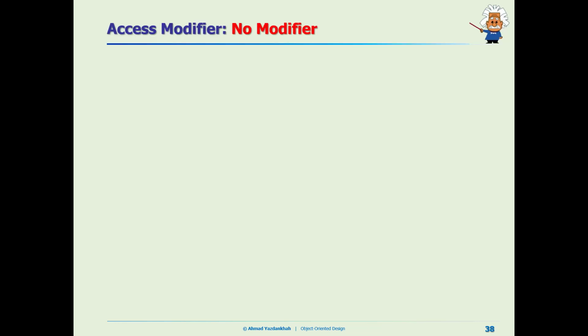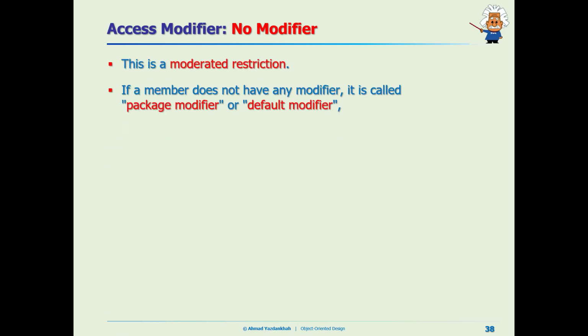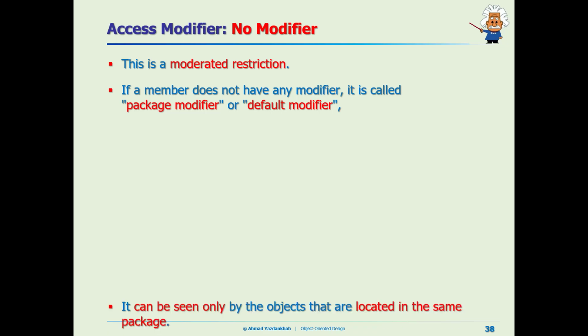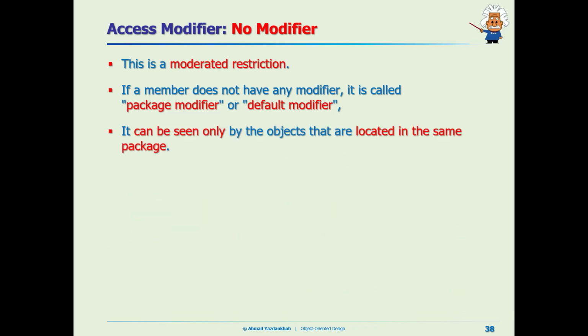How about no modifier? So the no modifier, as we said, it's a mild or moderated restriction. Okay, so when we don't put any access modifier, it can be seen inside the same package. What does it mean?